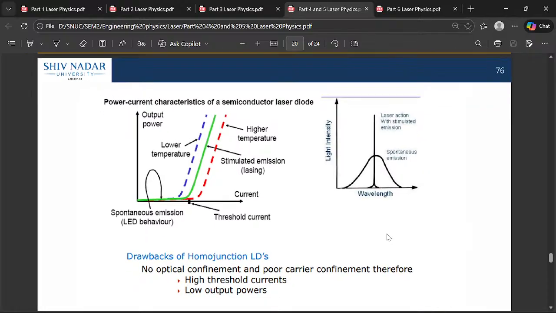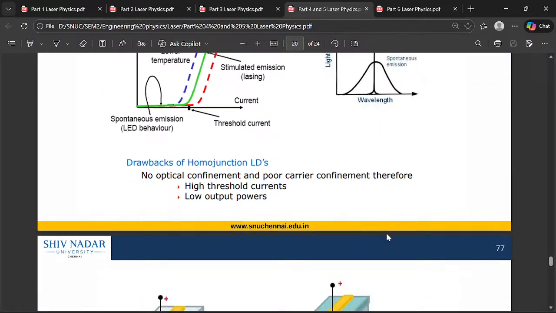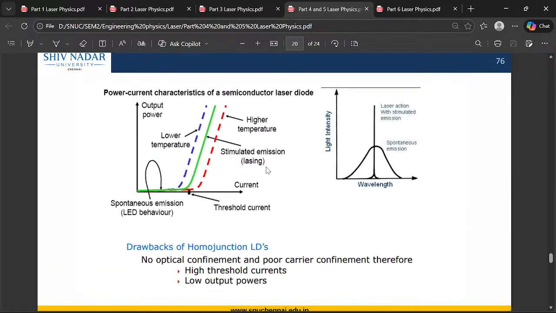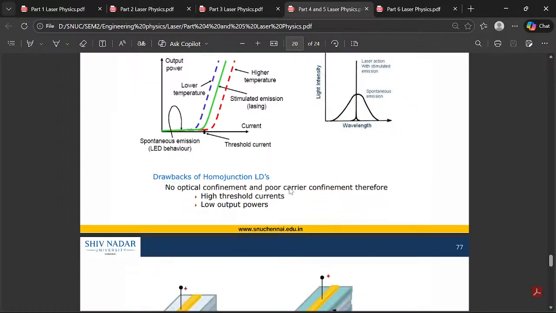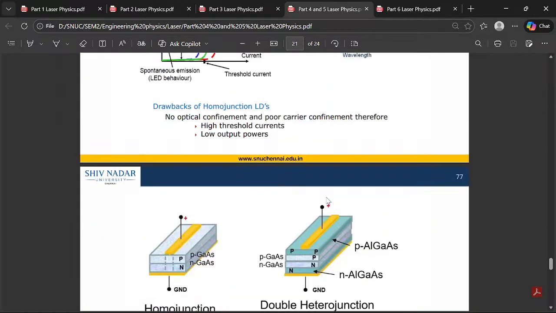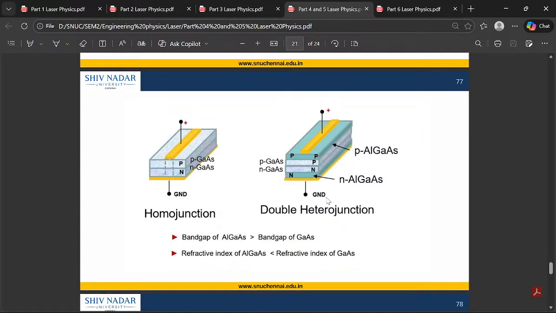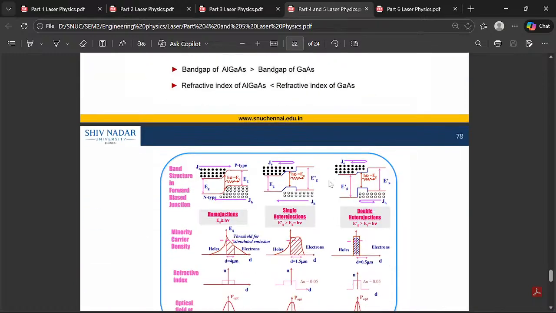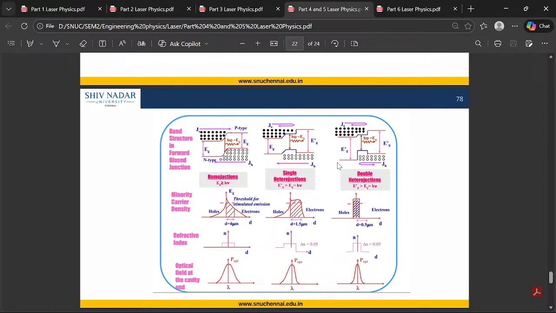There are two types basically, homojunction and double heterojunction. In homojunction there is only one p and one n side, but in double heterojunction it has double p and double n sides. It basically creates a higher energy gap and a stable one, compared to homojunction.